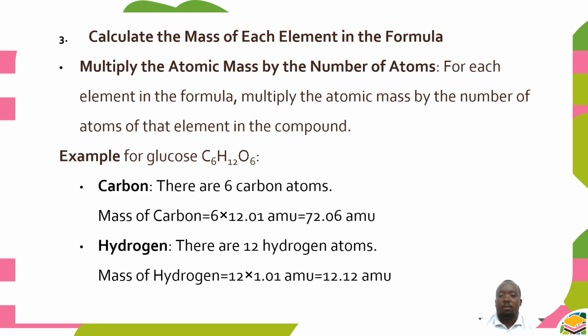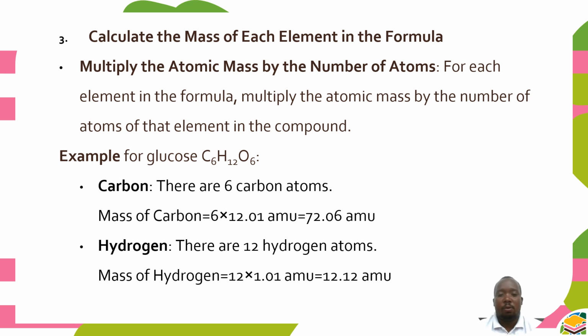You have to identify that yes, I have carbon, hydrogen, and oxygen. But how many atoms of carbon do I have? How many atoms of hydrogen? How many atoms of oxygen? Knowing that will assist you in calculating the correct formula mass.